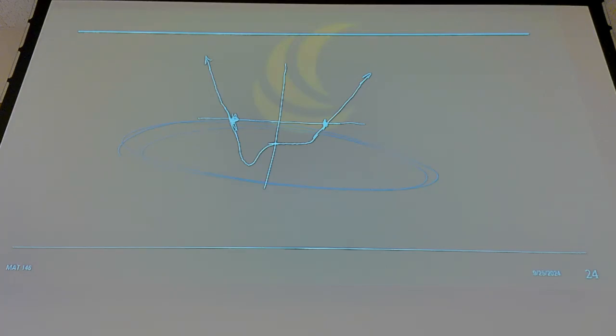So it could be that. We just don't know. That requires calculus. All we're going to be able to do here is get a rough idea of what it's doing.